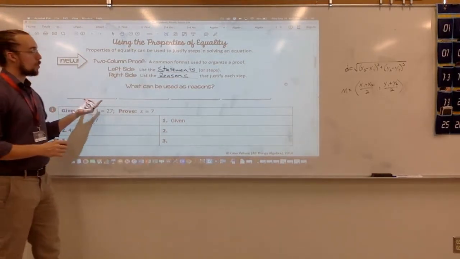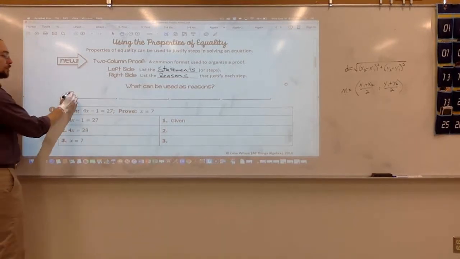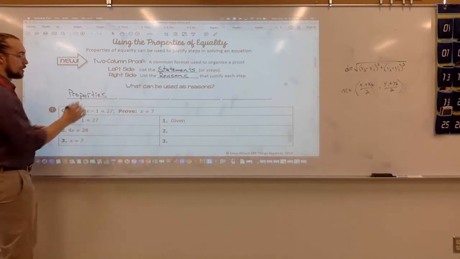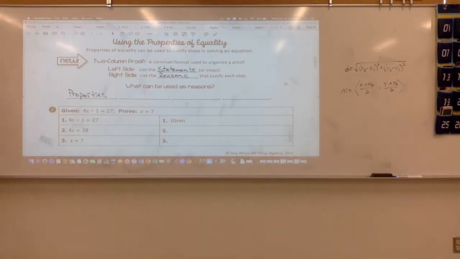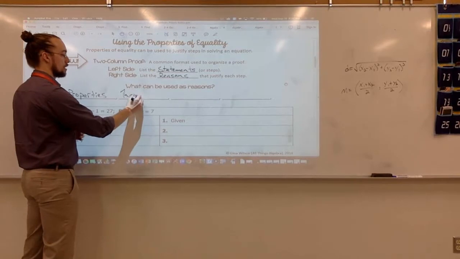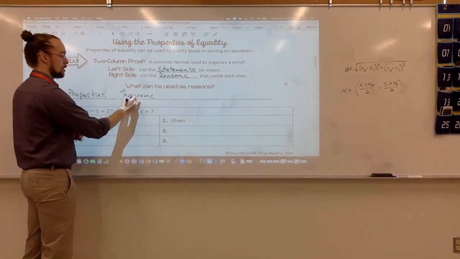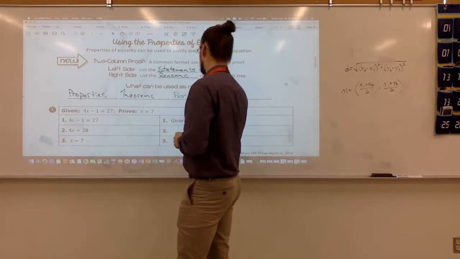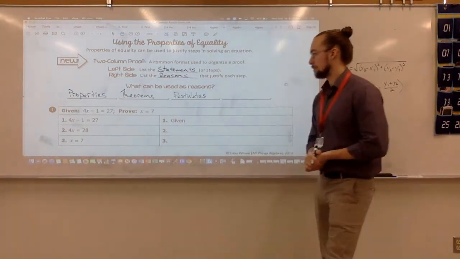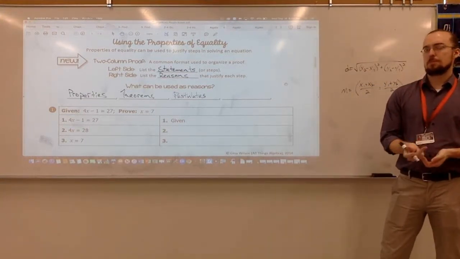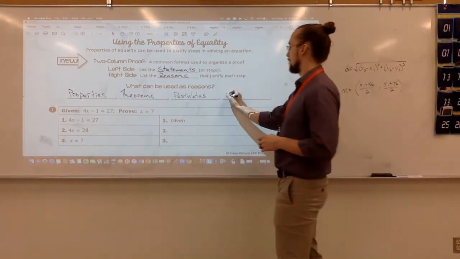Everything we listed up top is called a property. So we can use properties, but once we start getting into geometric proofs, we'll start using theorems, postulates, and definitions. Properties, postulates, and definitions.